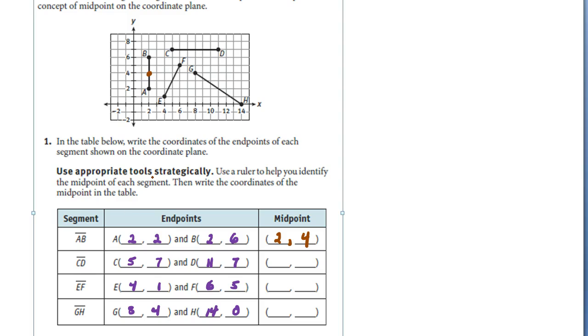Okay, what's the midpoint of segment CD? So just visually finding the center, how about right there? And that dot is 8, 7. And now the midpoint of segment EF. So the exact middle, how about right there? This is 5, 3.